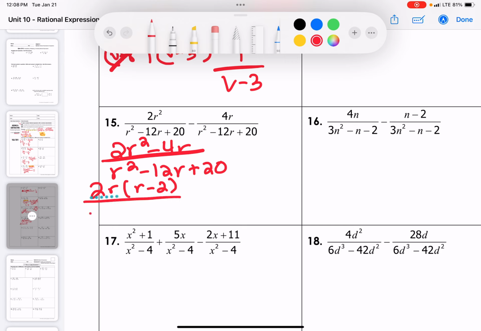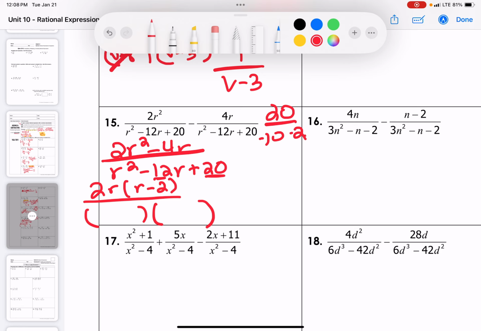In the denominator, now I'm looking for two numbers that are going to multiply to 20, but combine to give me a negative 12. 10 and 2, right? And they have to combine to give me a negative 12, so it's got to be a negative 10 and a negative 2, right?